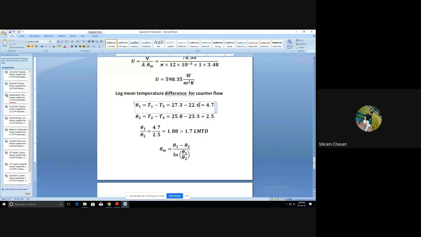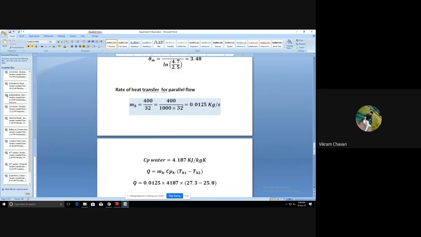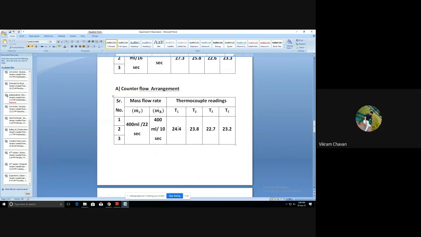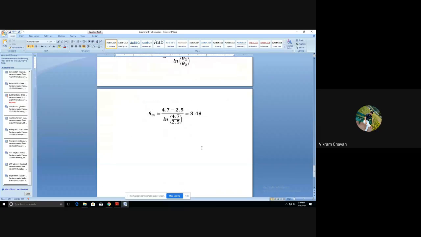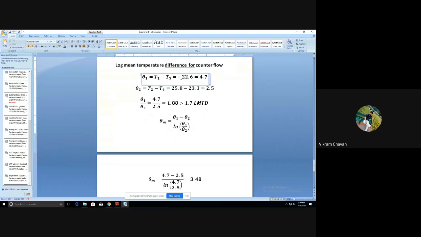T1 in this case is 24.4 and T5 is 23.2, so it is 1.2.